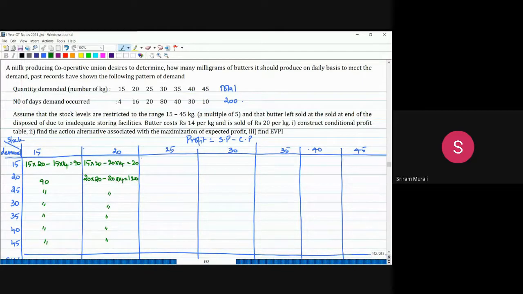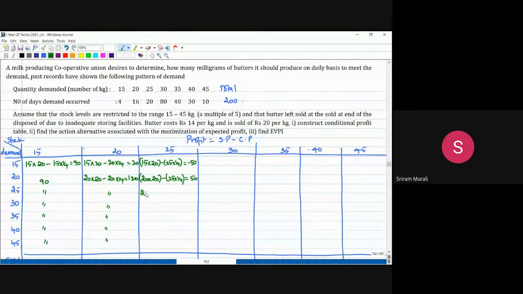The next case, 15 into 20 minus 25 into 14. This is equal to minus 50. Whereas this one, 20 into 20 minus 25 into 14, which is equal to 50.